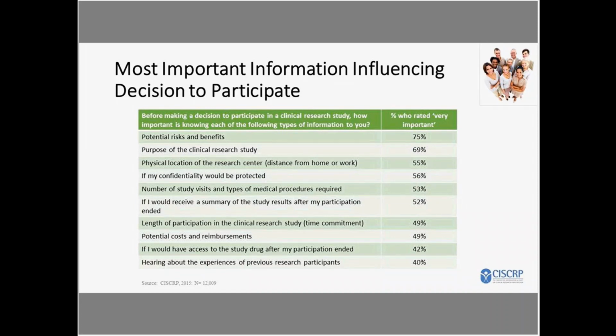And there's much that we can learn from our study volunteers and from patients, insight that can really help us understand ways that we can make our protocols more feasible, reduce the participation burden, and ensure that our study volunteers are involved in a protocol that makes more sense given a lot of the demands that will be placed on them as participants in the study.